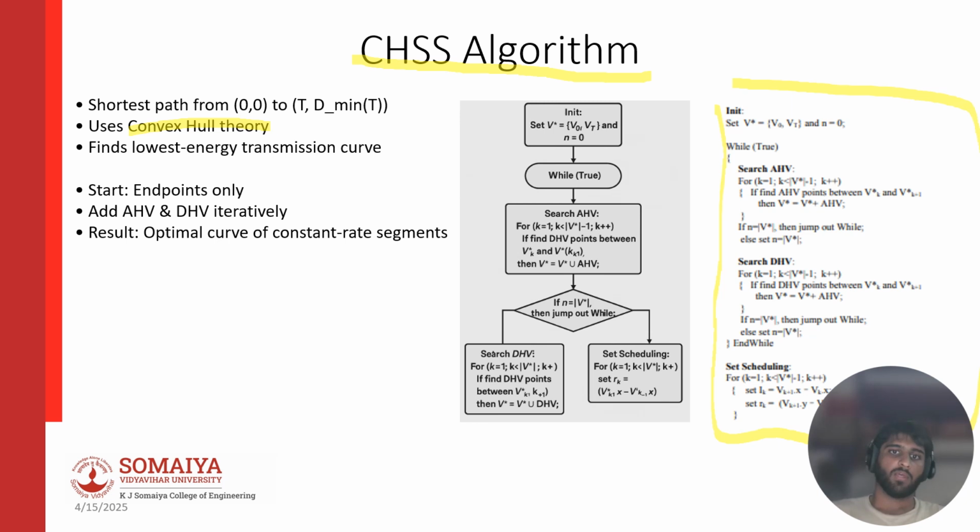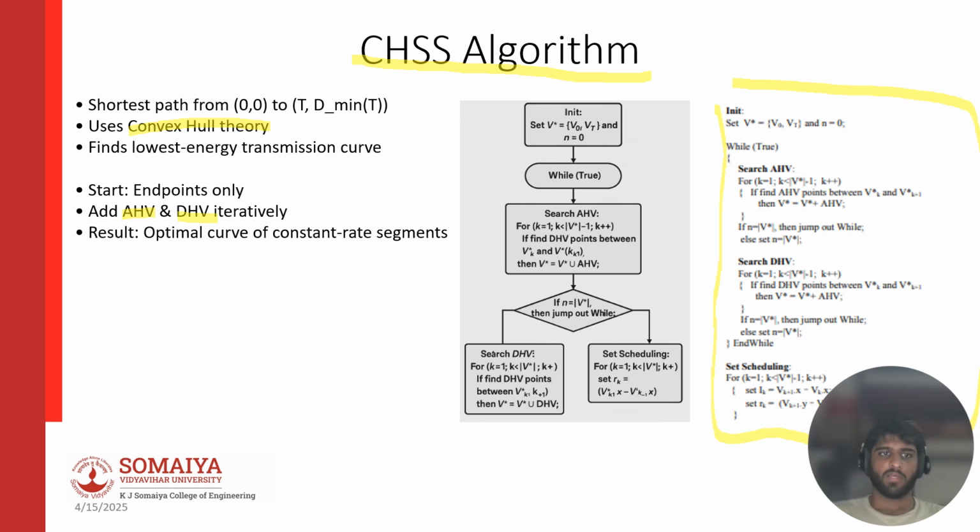Now, what happens if your data transmits too fast? You'll add a breakpoint. What the breakpoint does is it can either slow down the rate of transmission to conserve energy, or it can boost it if the data packets are lagging behind time. You call that AHV and DHV respectively, which is arrival help breakpoint and departure help breakpoint.